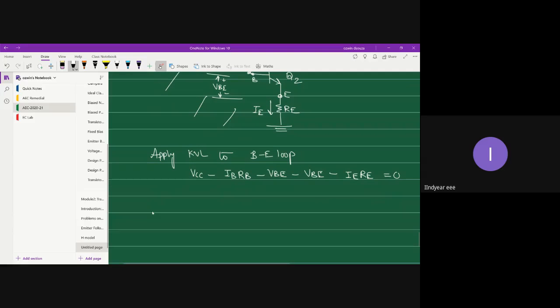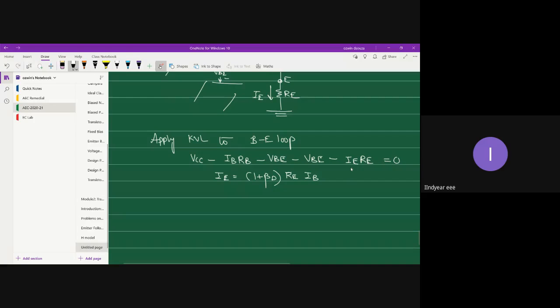Okay, or you can also substitute IE is equal to 1 plus beta D times IB, okay, because beta D is the overall gain of the transistor.